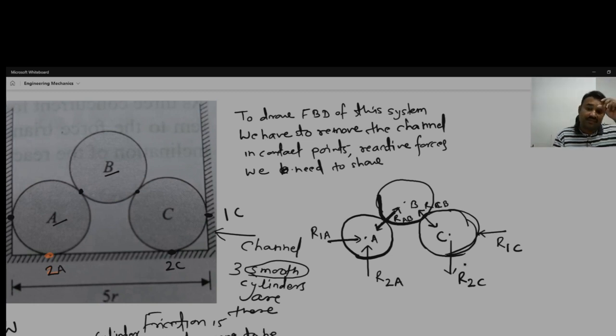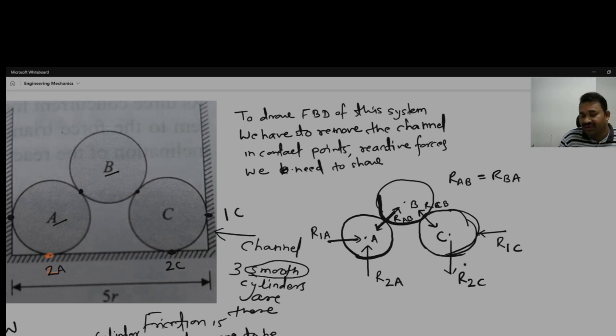As per Newton's third law, whether we show R AB or R BA, in magnitude both will be the same. So these are the reactive forces we have shown.